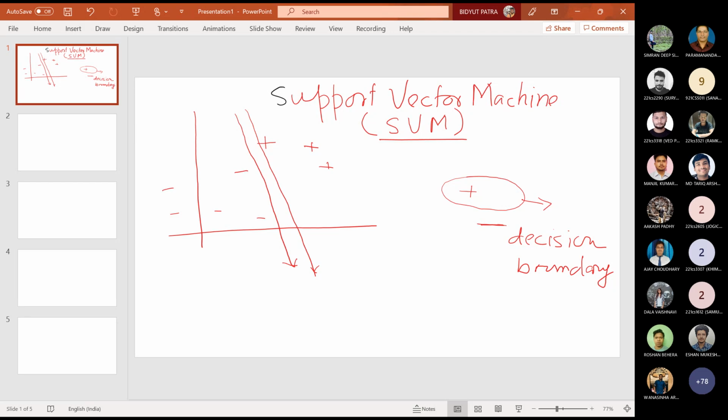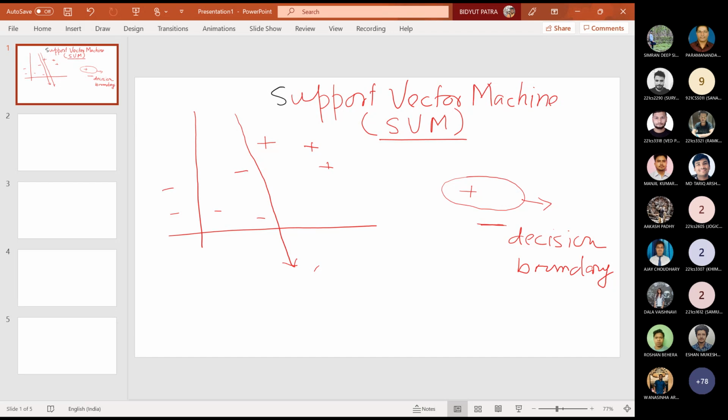In support vector machine, it tries to find a line which maximizes the separation between the positive and negative samples.